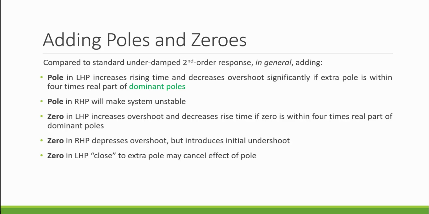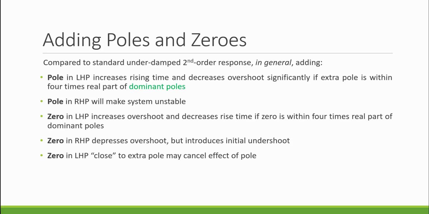So a 0 in the left half plane has the opposite effect as a pole in the left half plane, decreasing our rise time and peak time and increasing our max overshoot. Now, we can put a 0 in the right half plane without the system becoming unstable, but we're going to see that it has kind of odd effects on the system's response. So generally, if we're adding poles and zeros, we want them to be in the left half plane. I'll talk in a minute about how we actually add these things, or why we would have extra zeros and poles in our system.